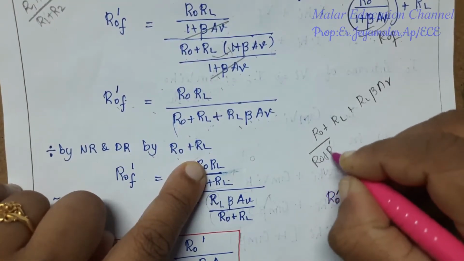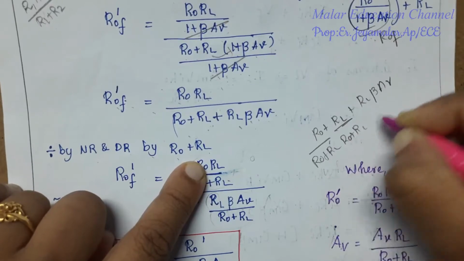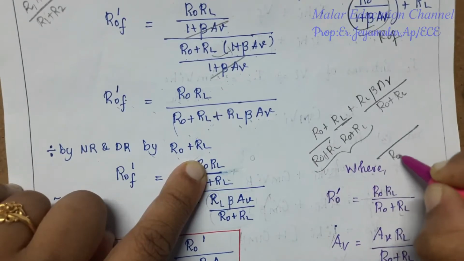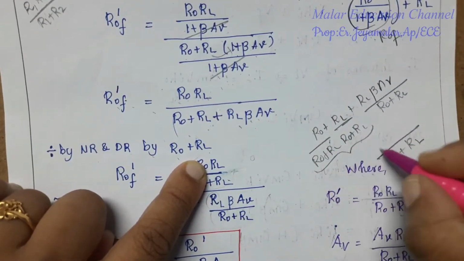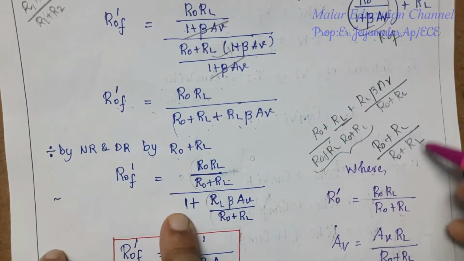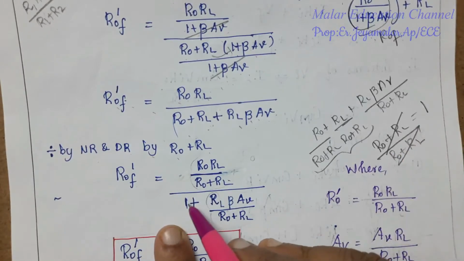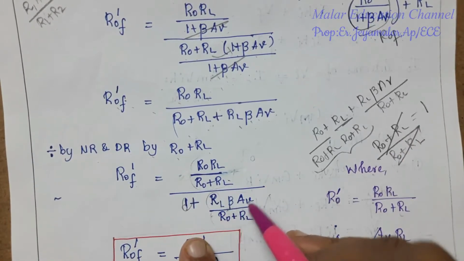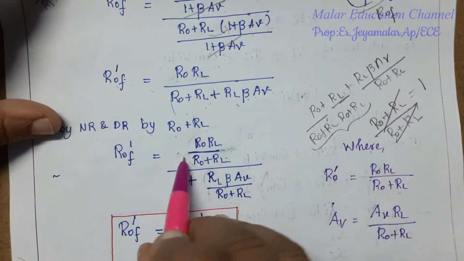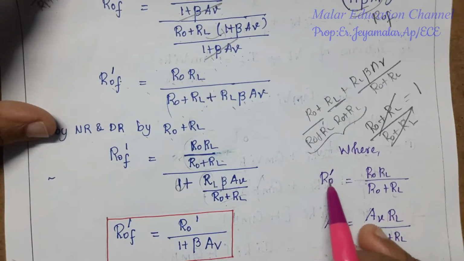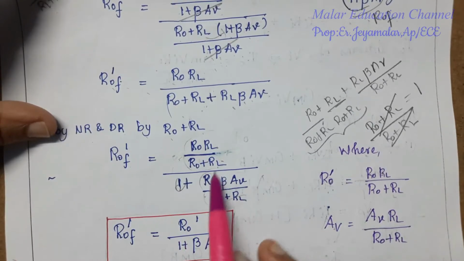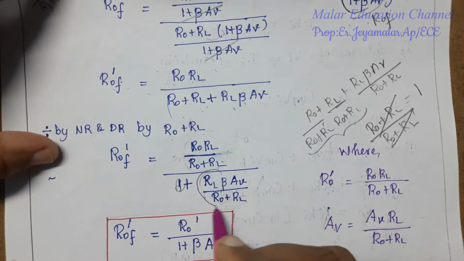The first two terms, R0 plus RL over R0 plus RL, get cancelled, giving 1. The remaining term is R0 beta into Av divided by R0 plus RL. For the final result, take the numerator whole term as R dash 0, that is R0 RL divided by R0 plus RL, and the denominator term is 1 plus beta Av.